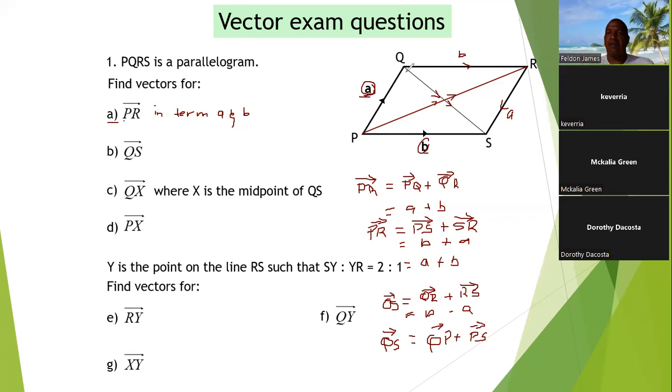Now, if we go from Q to P, then we are going in the opposite direction of A. So this becomes minus A. But from P to S would be going in the same direction as B. So that would be plus B. And so this would be the same as B minus A. You see that, guys?